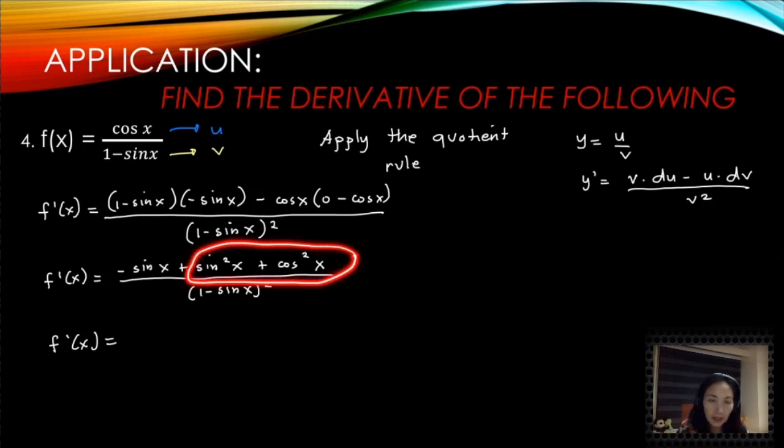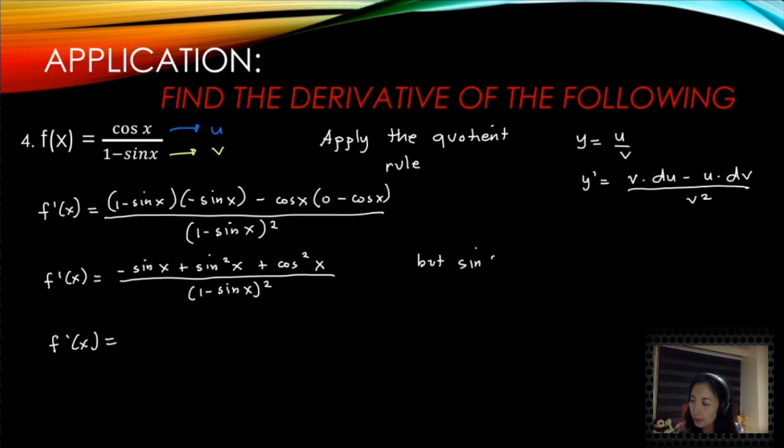From our Pythagorean identity, sine squared x plus cosine squared x is equal to 1. So we have negative sine x plus 1, all over 1 minus sine x squared.